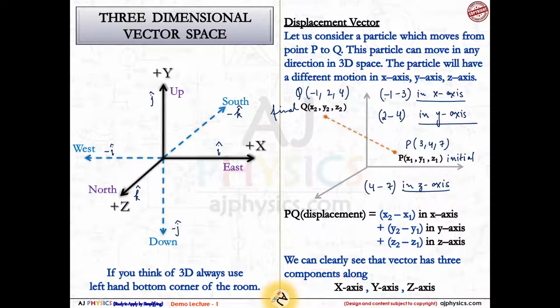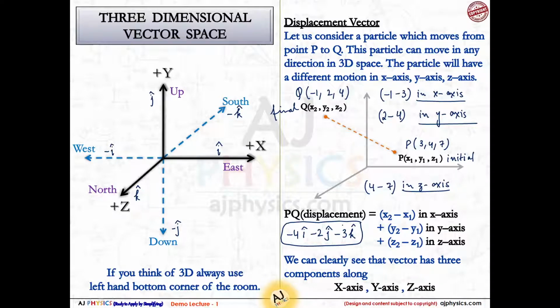This will be -1, -3, that is -4 i cap because it's the x-axis. My 2 minus 4, that will be -2, and that is in the y-axis, so this is given as j cap. We denote the y-axis as j cap. And in the z-axis it will be -3 k cap. So this is the very simple notation of a vector: i cap, j cap, and k cap, like x-axis, y-axis, and z-axis.